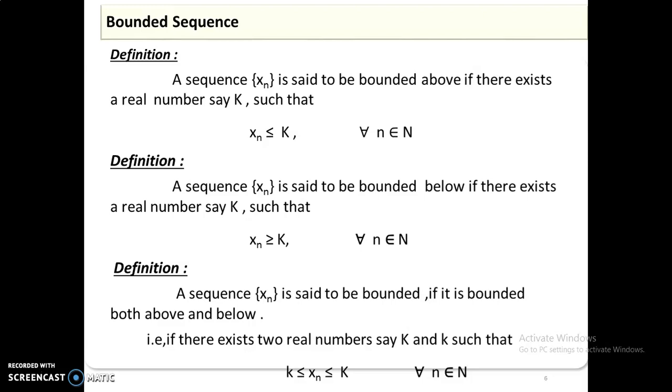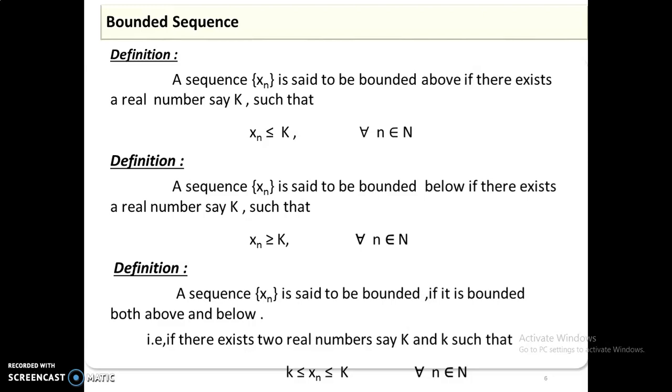First of all, a sequence is said to be bounded above if there exists a real number, say capital K, such that xn is less than or equal to capital K for all n, which is a member of the natural numbers.